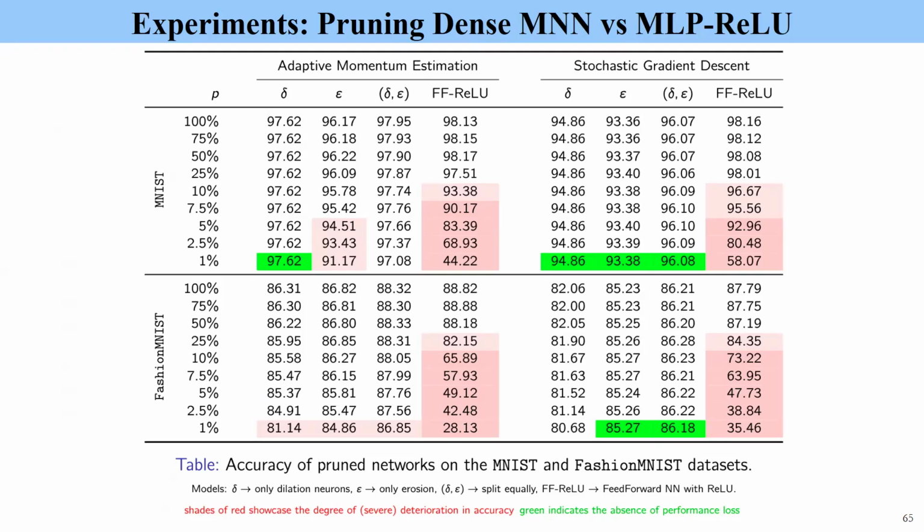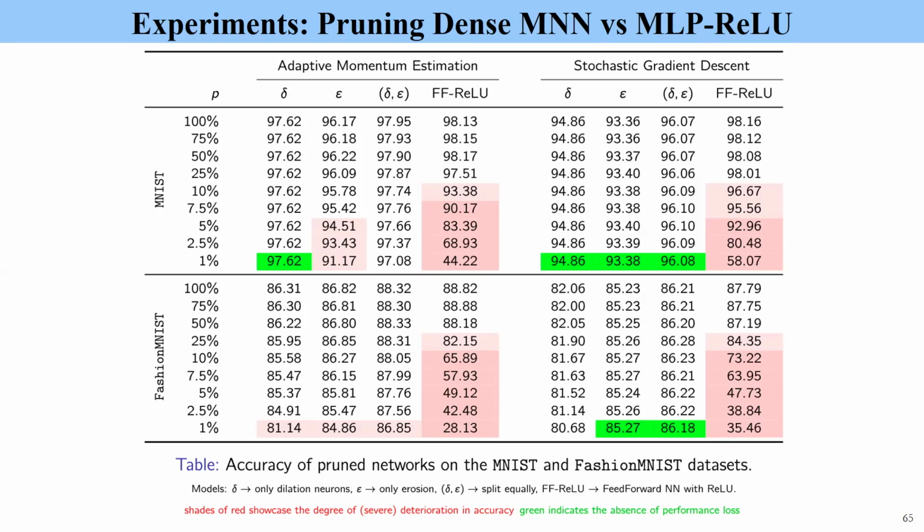For example, the green on the left here, you see the percentage of pruning. And sometimes the percent of pruning is very dramatic. It goes down to 1%. We keep only 1% of the nodes. And still, when we use, let's say, the dilation perceptrons, the green, as you see here, shows almost no loss of accuracy. Whereas the shades of pink show losses of accuracy for the neural network involved in the corresponding column.